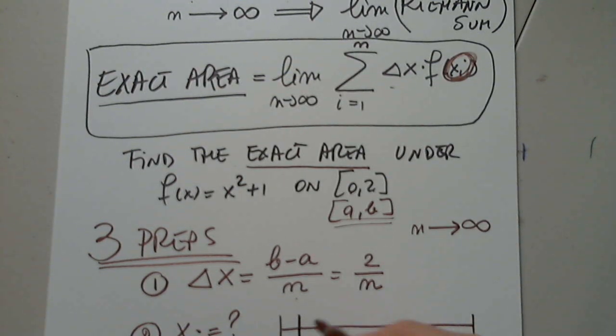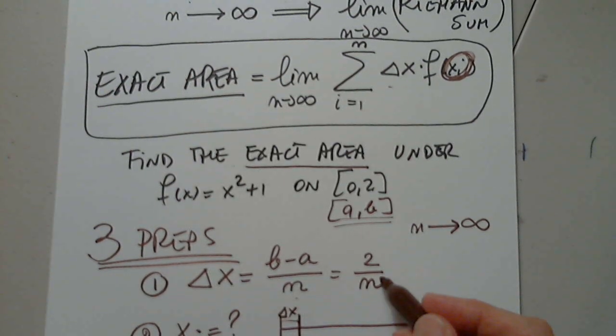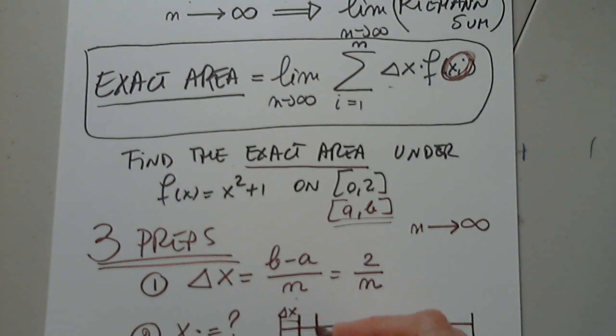So this is delta x, the width of the subinterval. This is delta x, this is delta x, this is delta x, this is delta x, this is delta x, this is delta x, delta x, delta x. What am I showing here?